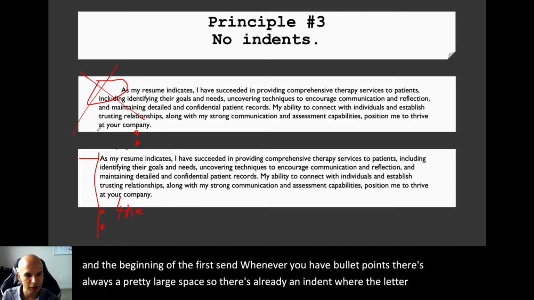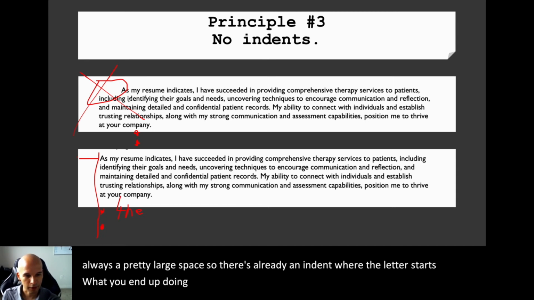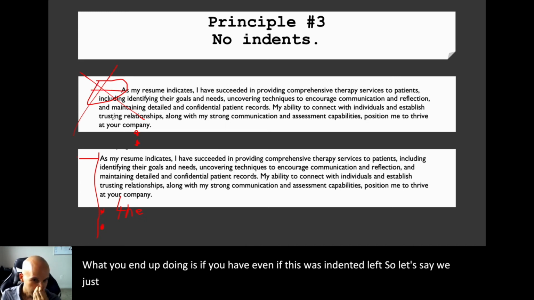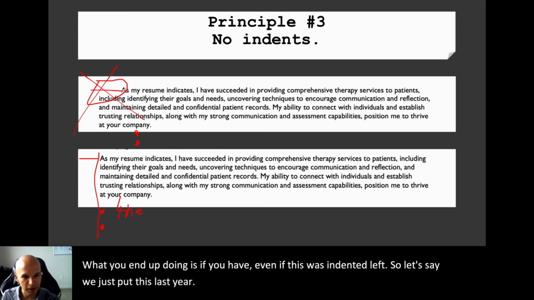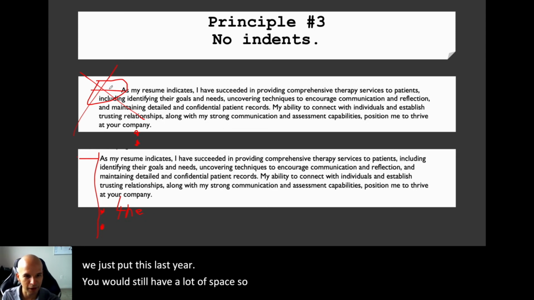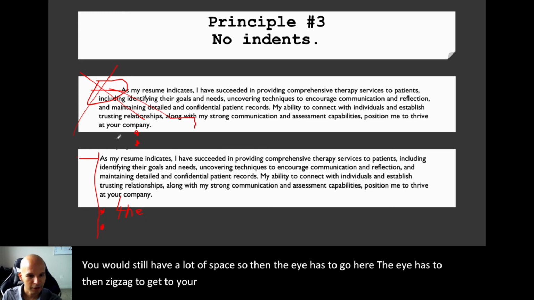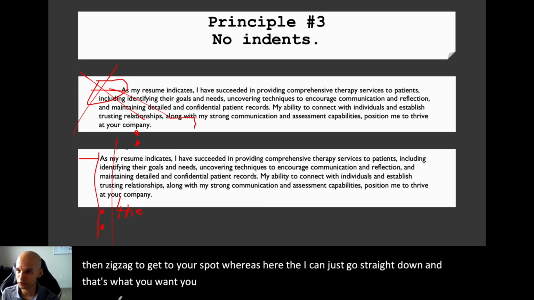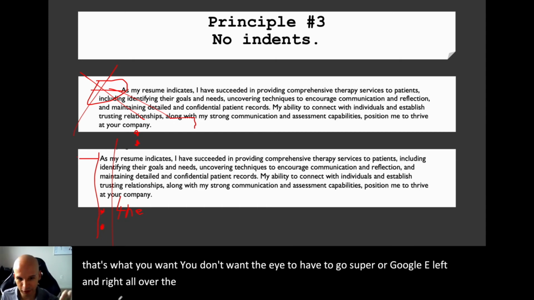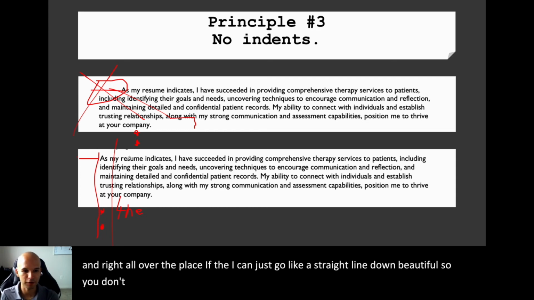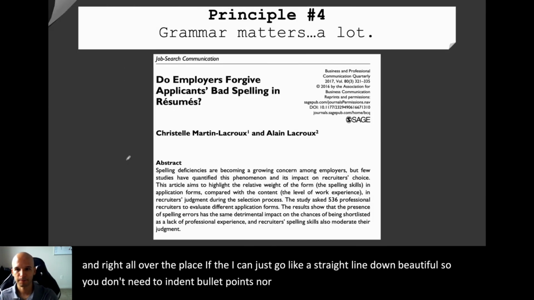What you end up doing is if you have, even if this was indented left, so let's say we just put this left here, you would still have a lot of space, so then the eye has to go here. The eye has to then zigzag to get to your spot, whereas here, the eye can just go straight down, and that's what you want. You don't want the eye to have to go super googly left and right all over the place. If the eye can just go like a straight line down, beautiful. So you don't need to indent bullet points nor the paragraphs.